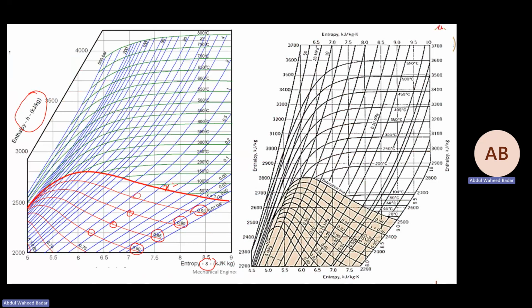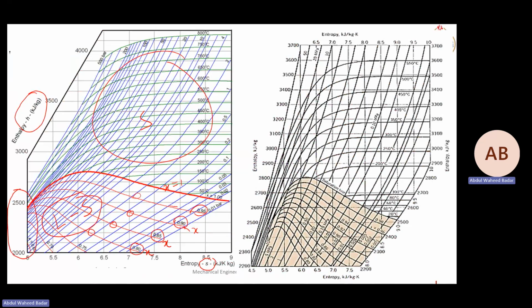This is X equal to 1. This is X equal to 0.95. These are quality lines. This curve you can use only for superheated and for the mixture region.